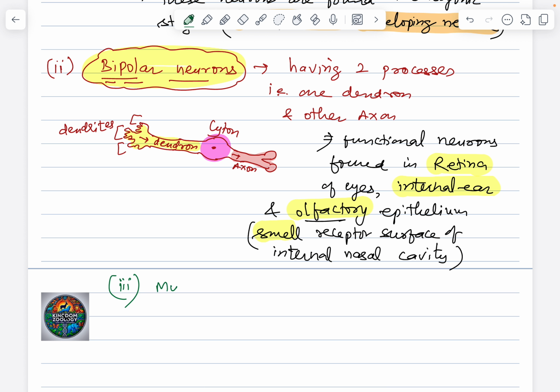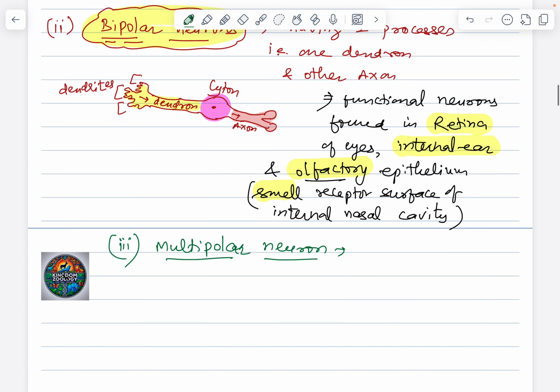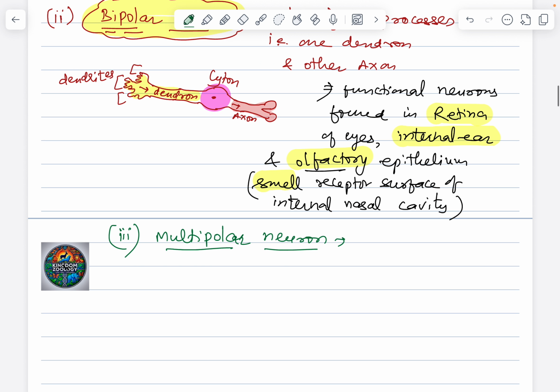So here's your multipolar neuron. Now if you talk about multipolar neuron, as the name is suggesting, this will be having many dendrons and a single axon.